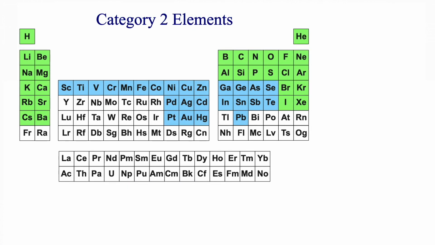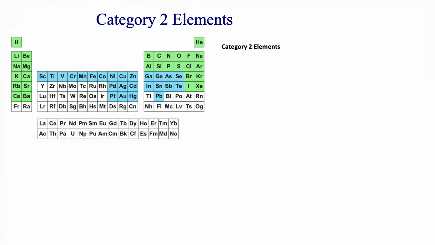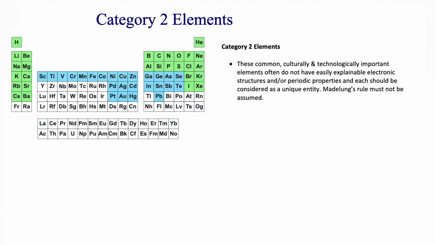Category 2 elements. These are common, culturally and technologically important, but they often do not have easily explainable electronic structures and/or periodic properties. Each element should be considered as a unique entity. Madelung's rule must not be assumed.